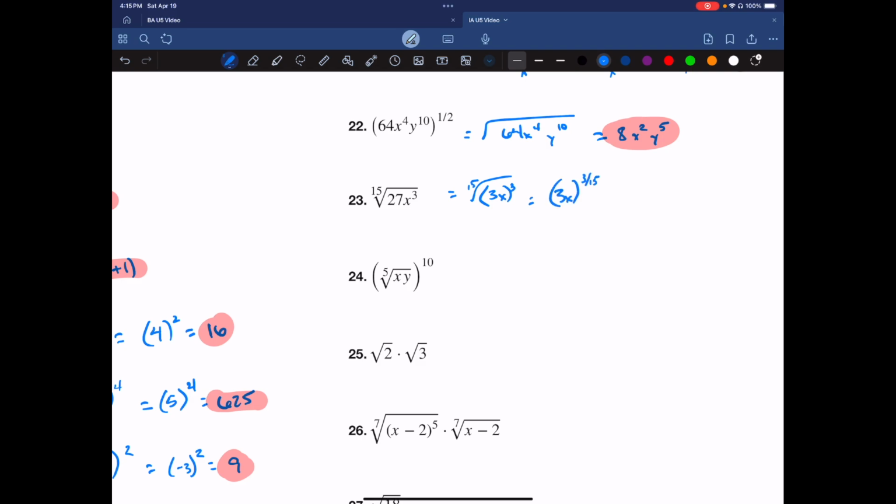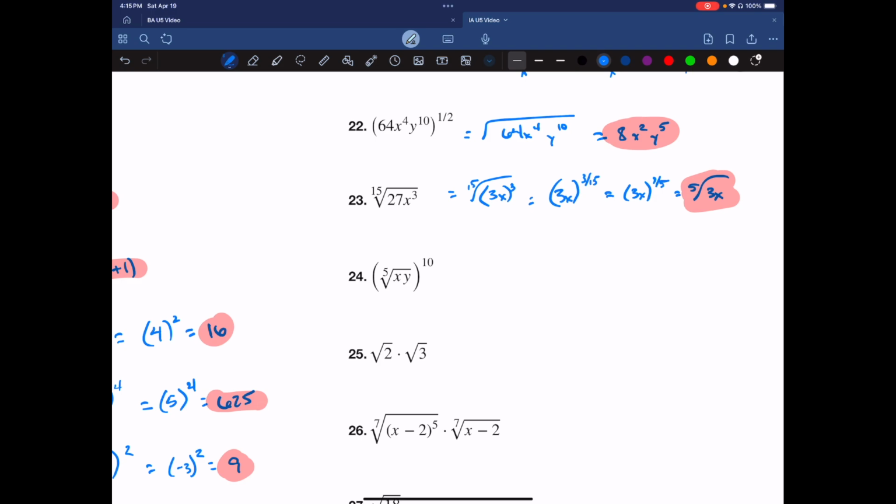Well, 3 over 15 is 1/5. So you can simplify that to 3x to the 1/5. And then if it's written like this, you know that this is the same thing as your original, the 5th root of 3x, which is what your answer is going to be. So sometimes it's just a matter of simplifying. It's not so much an answer per se as I did a little simplification, a reduction, if you will.